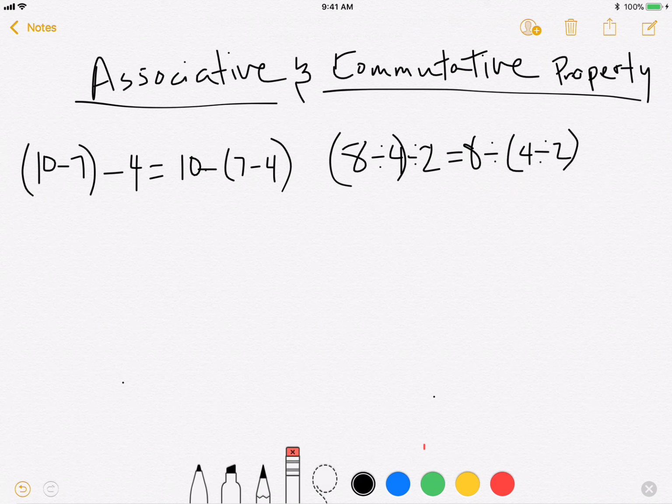Okay, so I've got 2 problems for you to write down. I'm going to put a blue line in between them so you can tell. So on the left side we've got subtraction, and on the right side we've got division. And this got a little sloppy, I apologize.